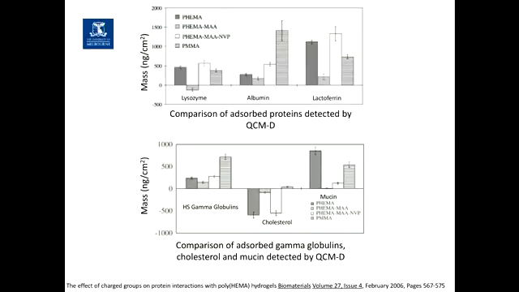the HSA and gamma globulins. They're just a type of immunoglobulin you find in a lot of biological fluids. Cholesterol is a type of fat, a lipid, that you may find in tear solutions. And then mucin. Mucin is a biological material where it has a protein, but then it has sugar chains that come off it, and these sugar chains are usually very negatively charged, which affects how it interacts.